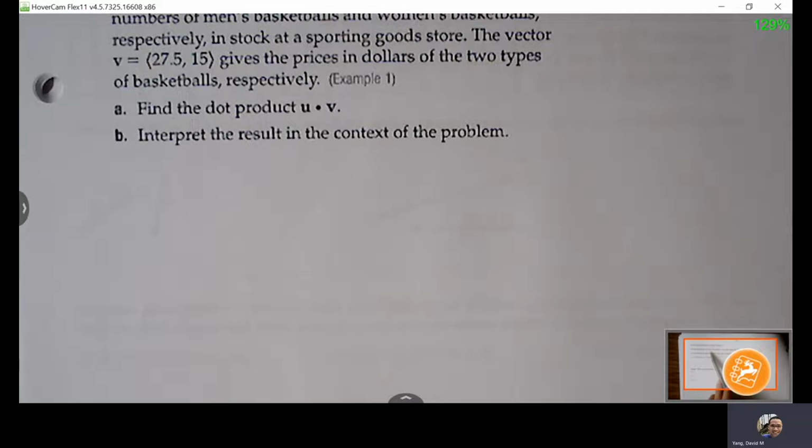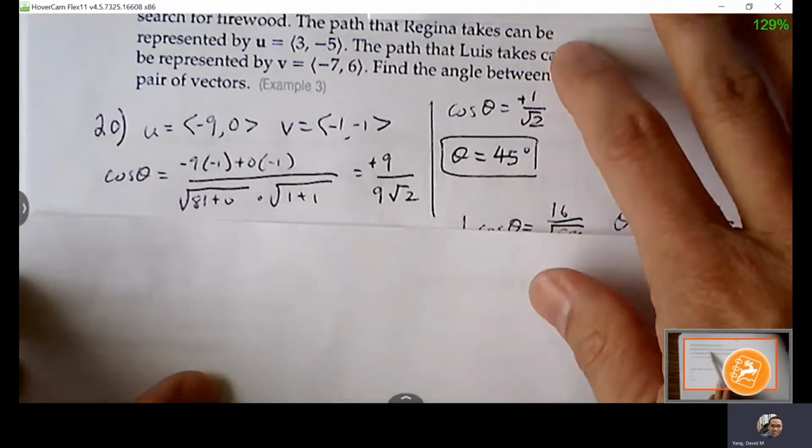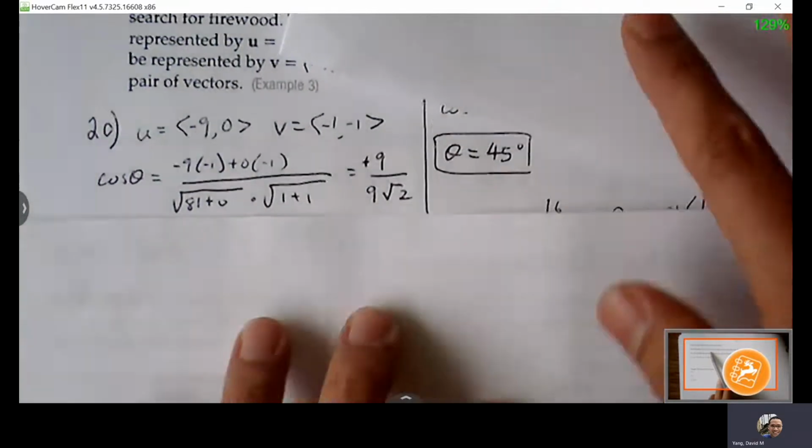Okay, is everybody good with this page? Just making sure you're on the right track. Here's my work for number 20.